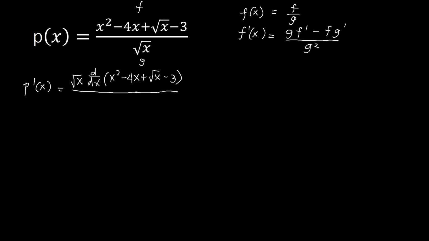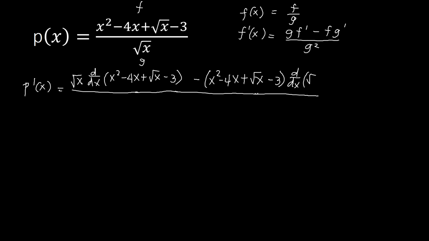And then we will be getting our f of x, so we'll just copy that: x squared minus 4x plus square root of x minus 3. And then get the derivative of the denominator, which is square root of x. That's our g. And then at the bottom part, the denominator, we'll just copy that one and then raise it to the power of 2.